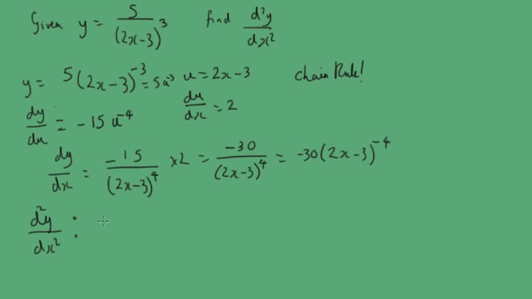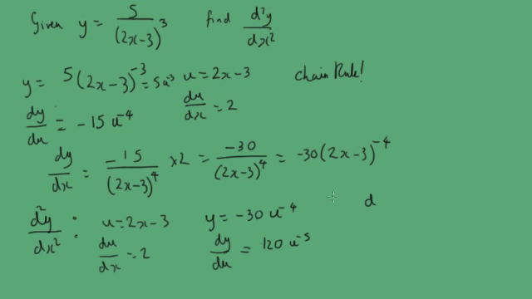So let's make u 2x minus 3 again, and y will be minus 30 u to the minus 4, du by dx is still 2, dy by du is going to be 4 times 30, which is going to be, no, it's going to be positive 120, u to the minus 5.